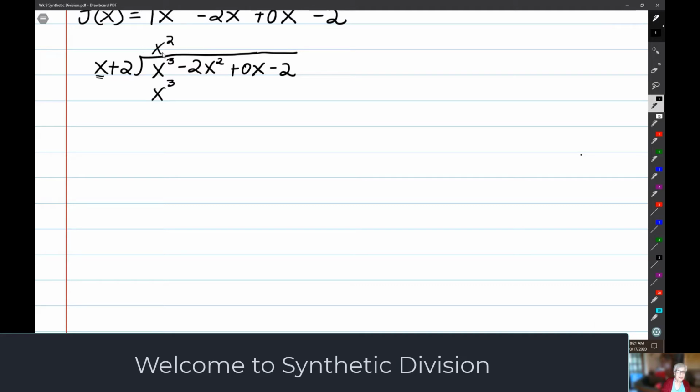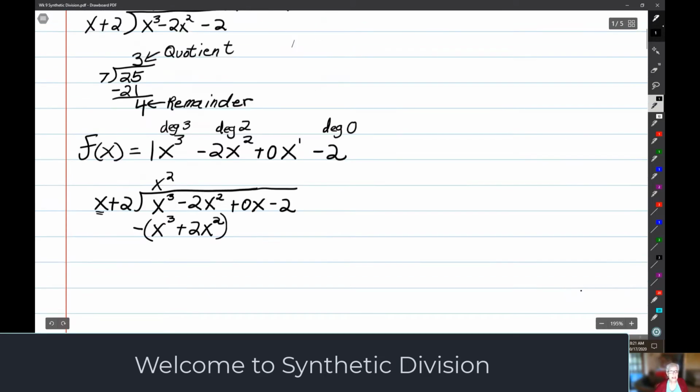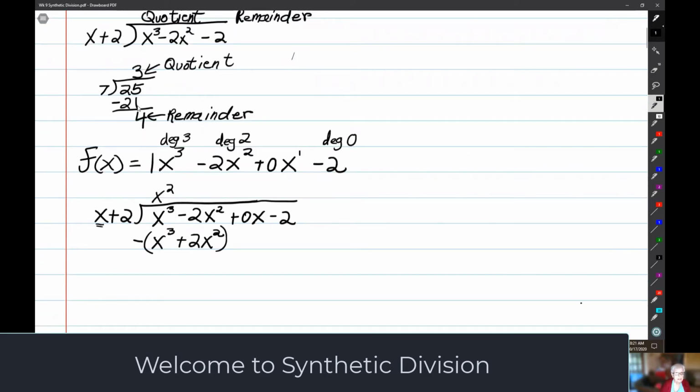Then I take this x squared and I multiply it by the plus 2. That will give me plus 2x squared. But I'm going to subtract x to the third plus that, 2x squared. Because up here, notice that I said 3 times 7 is 21, and then I subtracted.